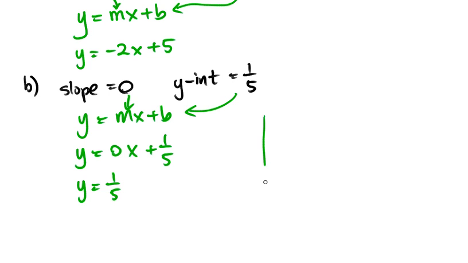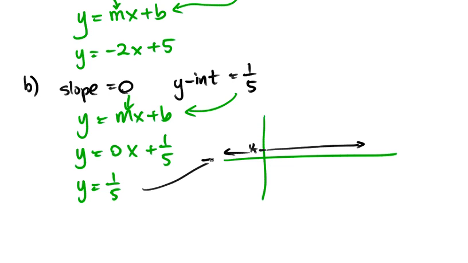It turns out that any time y is just equal to a number, you get a line that is flat. So if you were to graph this, you'd have a y-intercept of 1/5, so just a little bit up, and a flat line. A slope of 0 again is a flat line for our person to stand on.